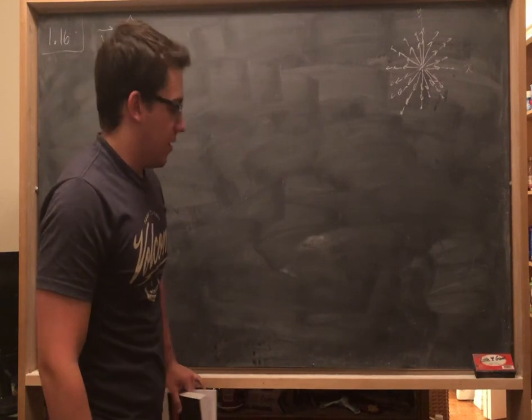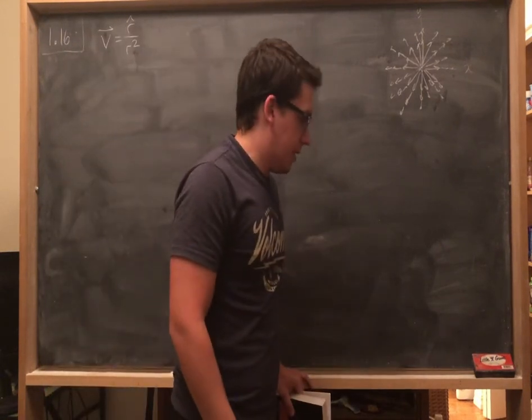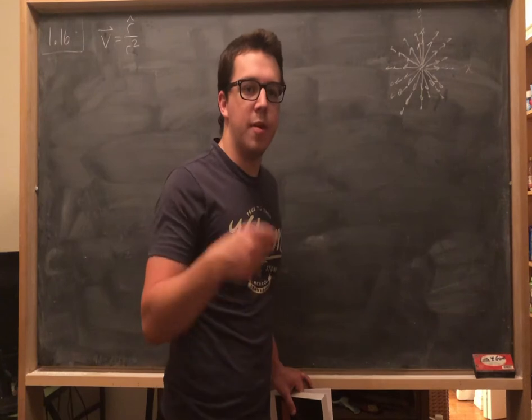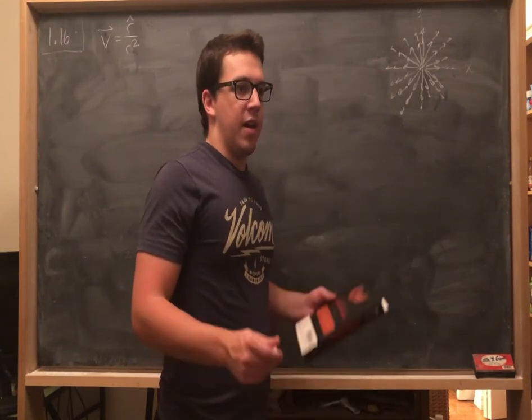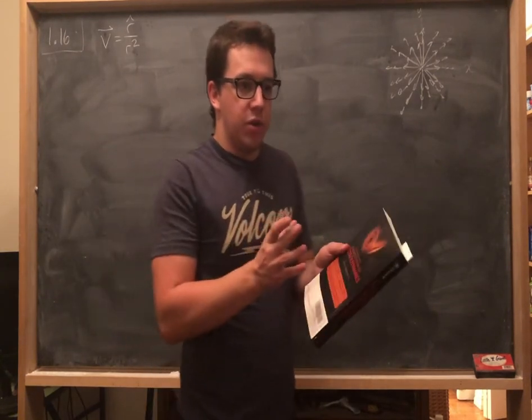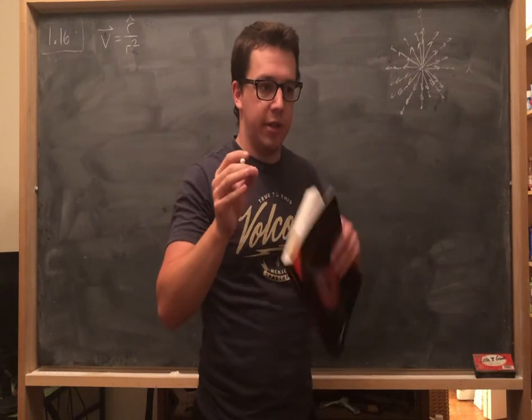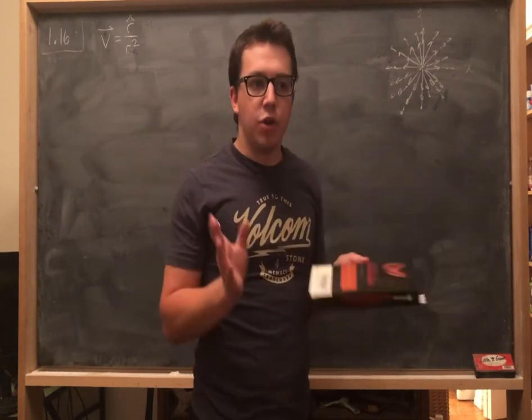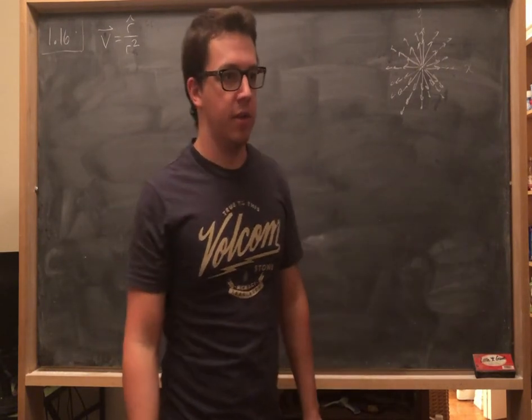Now, a way to think of divergence is that it's sort of a measure of how much, from a certain point in space, the vectors are diverging away from that point.